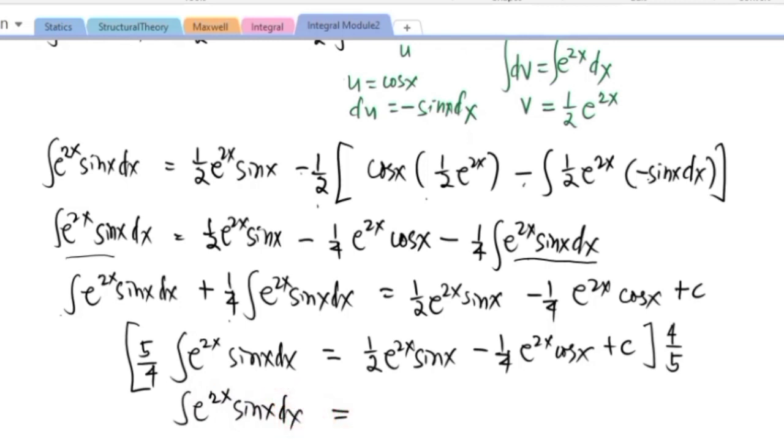This is equal to 1/2 times 4/5, so that is 2/5 e to the 2x sine x. And we have 1/4 times 4/5, so that's 1/5 e to the 2x cosine x plus c. And this is our answer.